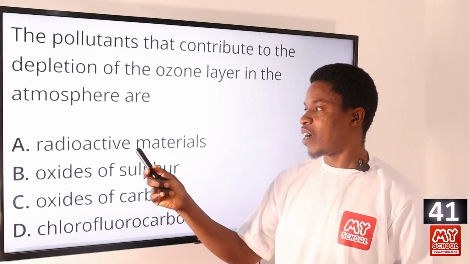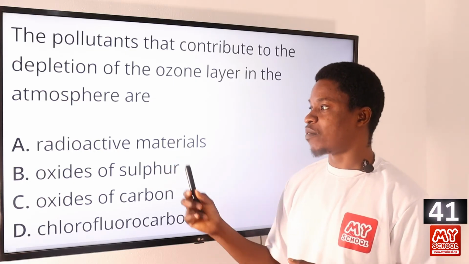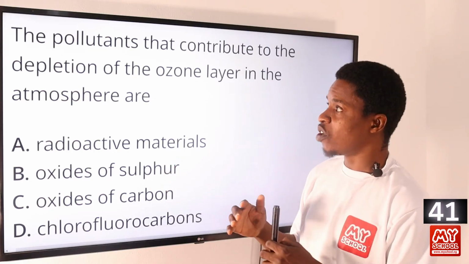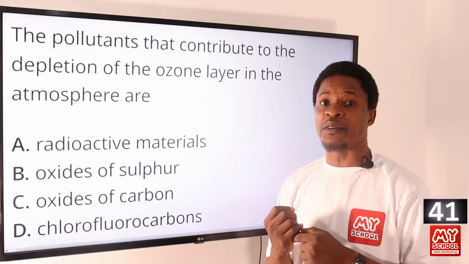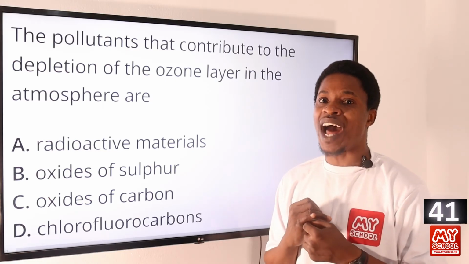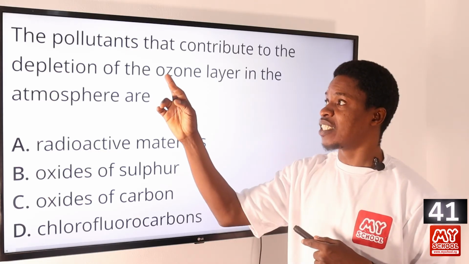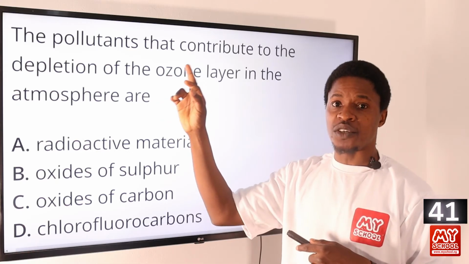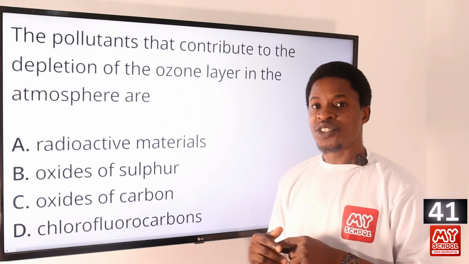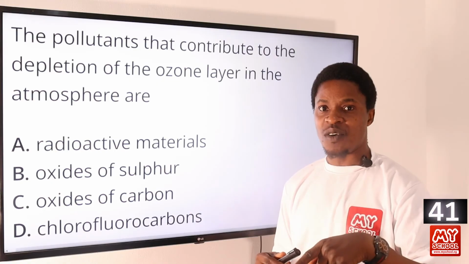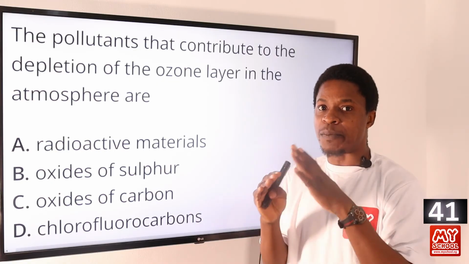Not the radioactive materials, because the radioactive material will decay eventually, but will not deplete the ozone layer, because anything that will deplete the ozone layer has to attack the oxygen, because O3 is actually the ozone, okay? So it has to react with oxygen before it can begin to deplete it.